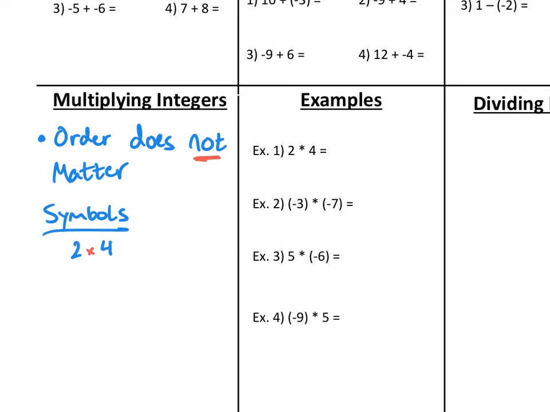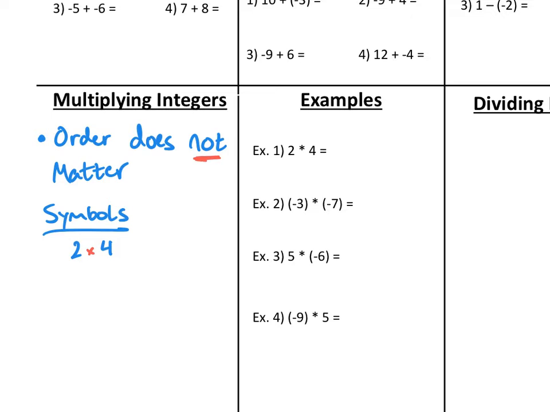Now, do you see that a lot as you've gotten older in math? No. Why not? Does anybody know? You're right there. Yeah, it's mixed up with the variable. X for multiplication looks just like an X for a variable. So we tend not to do that.